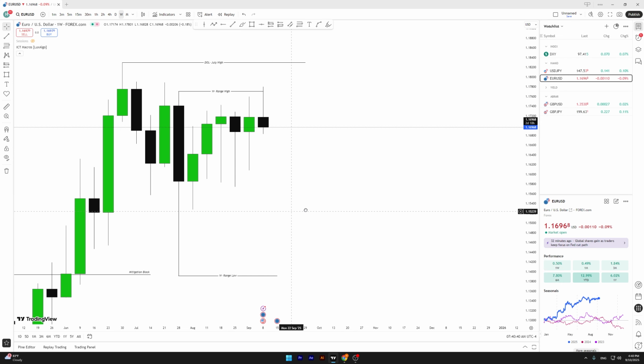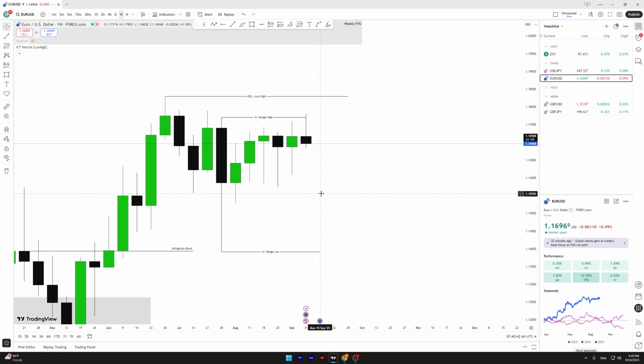What is the higher time frame saying? Price created a range here, 1 2 3 4 5 inside bar candles, and this is the main range price created on the weekly time frame. Price swept the range high, so we can expect a move to the 50% of the range. Price swept the range high and previous week high.